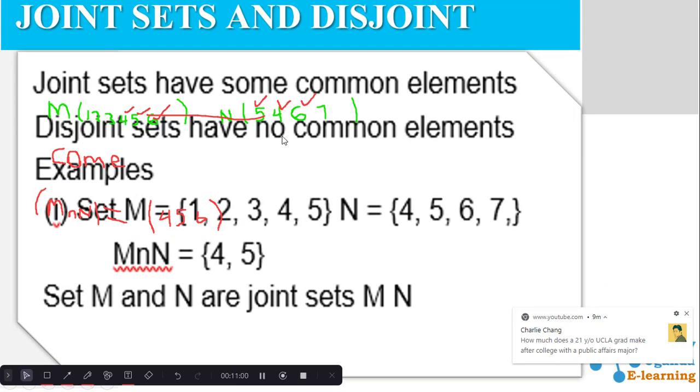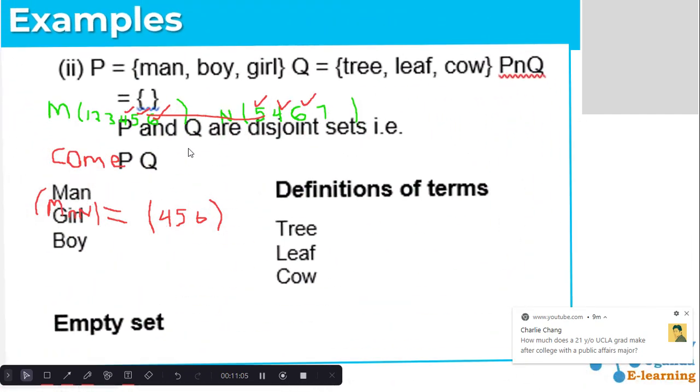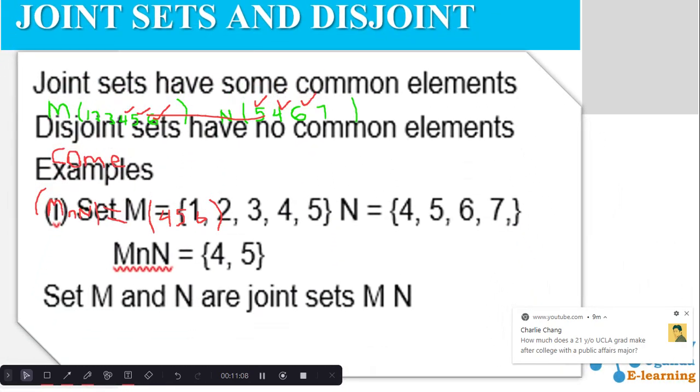As you can see here, we said a joint set has members in common. So we can see that when these members are of the same, we should be able to identify them and check whether they are common in both sets. That's how we can clearly identify a joint set within this statement.